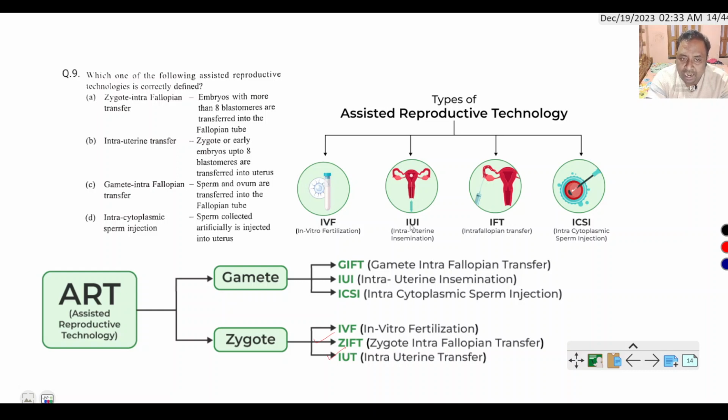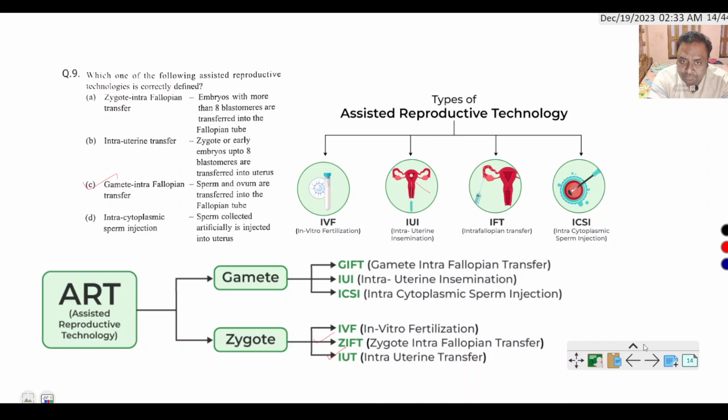In IUI, sperm or egg is transferred into the uterus. IFT, intrafallopian transfer, means the transfer of egg and sperm into the fallopian tube. ICSI: through microinjection, the sperm nucleus is directly transferred into the cytoplasm of the egg. Next question, here the right answer is C.